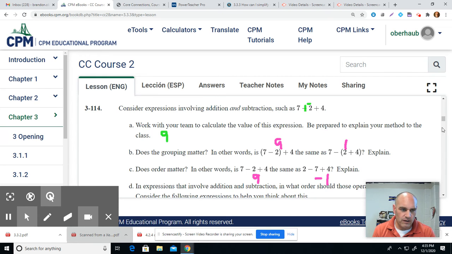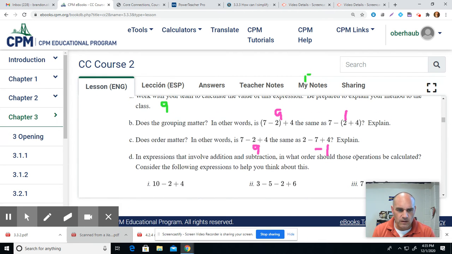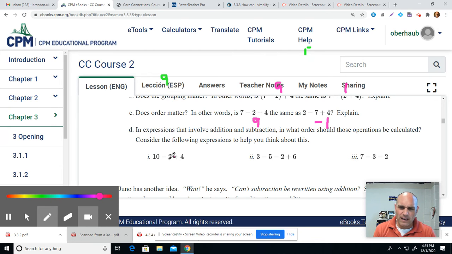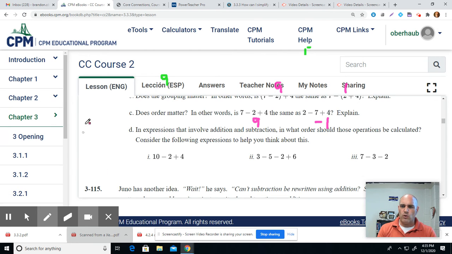All right, we got one more. Just got to pull it on up here. Give me a second. So, in expressions that involve addition and subtraction, in what order should these operations be calculated? According to our order of operations, remember, parentheses first, exponents second, then we multiply or divide.